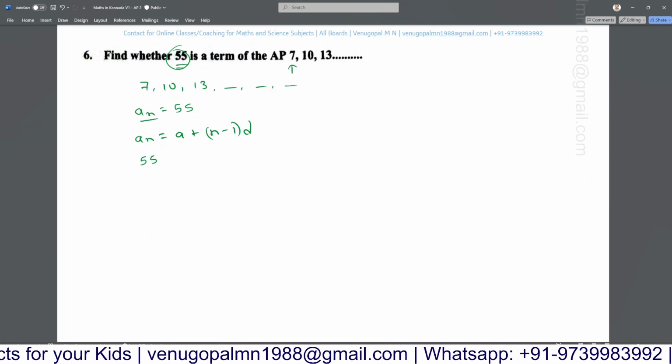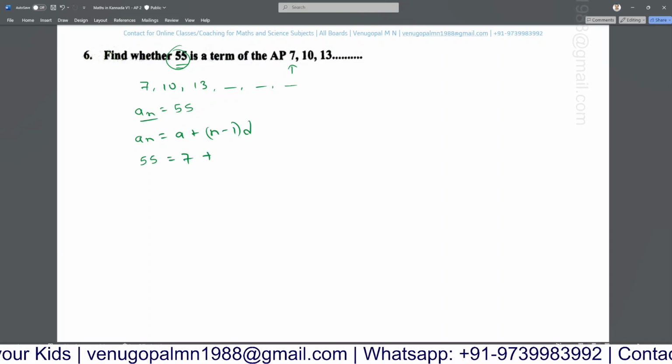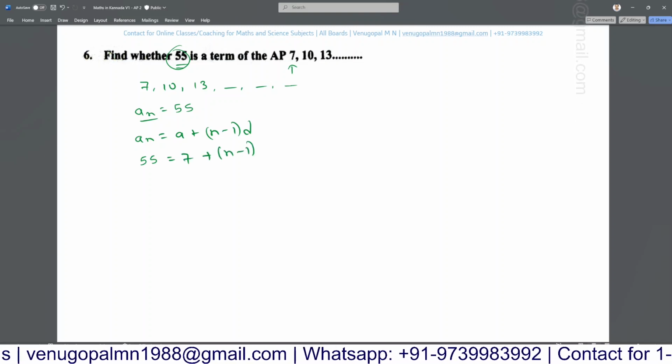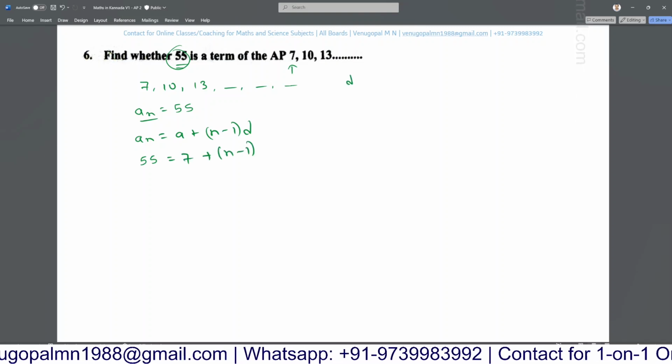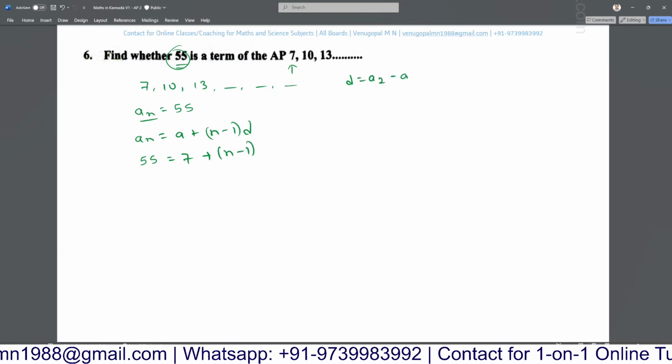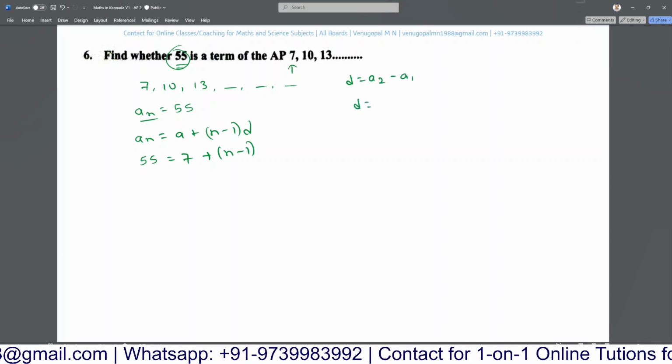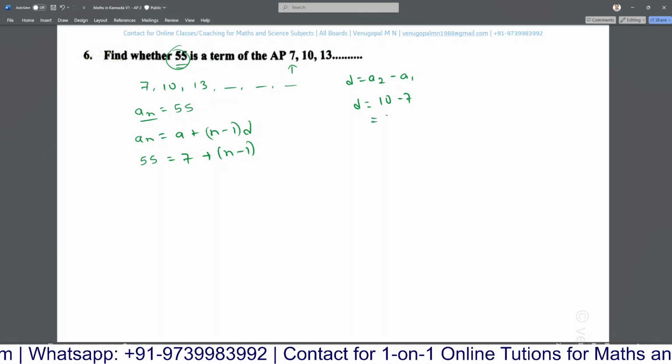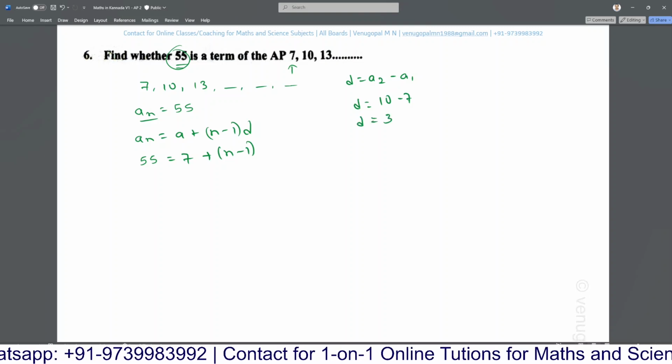A is equal to 7, so 7 plus n minus 1. What is the D value? If you have to find it, A2 minus A1, D is equal to 10 minus 7, which would be 3. D is equal to 3.